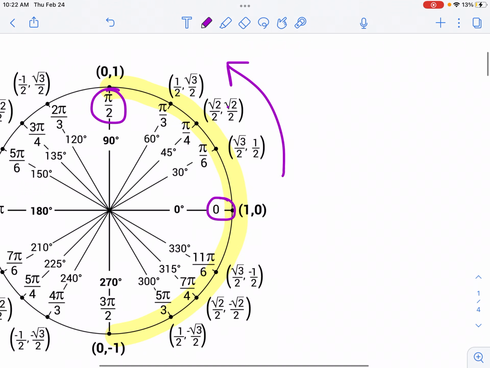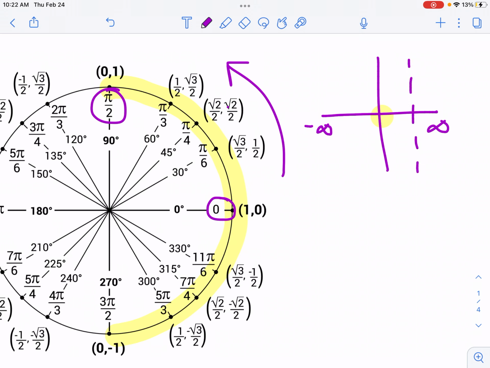So if you think about a coordinate plane, something like this, right, we have 0 at the center, and on the left side we've got negative infinity, on the right side we've got positive infinity. So our tangent graph is actually going to be halfway, and I'll do a little sample of what it's going to look like, halfway on the positive side, like that, and halfway on the negative side, like that. That's kind of what the tangent is going to look like.